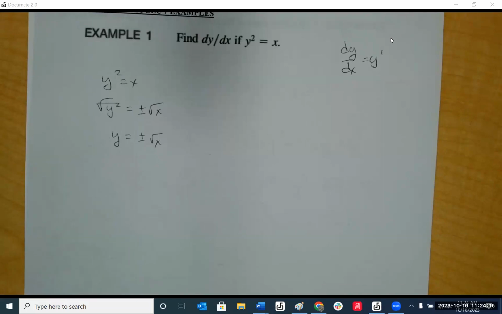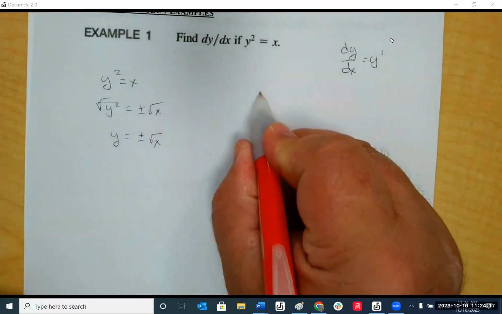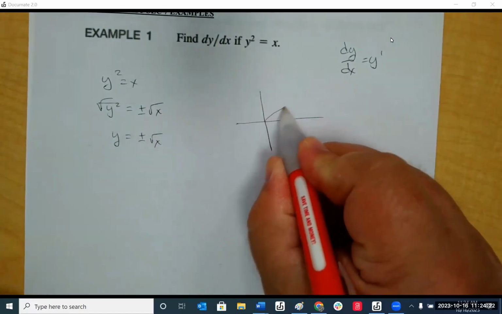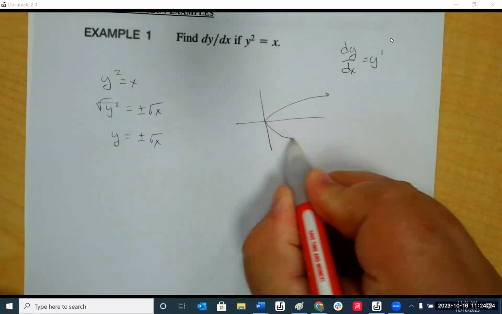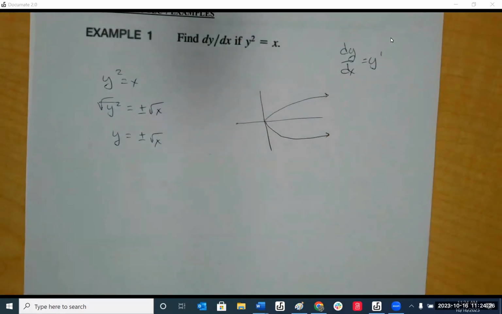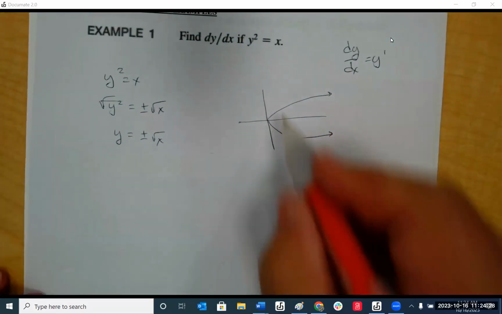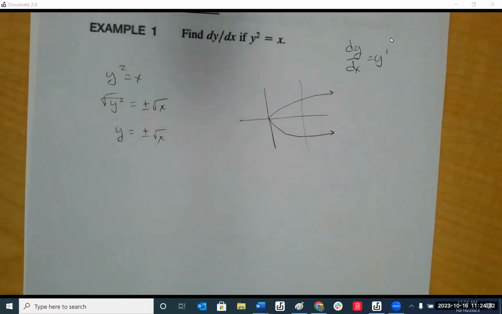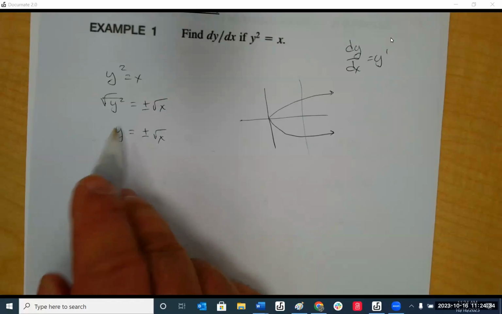The square root function looks like this. The negative of it is like this. So it's defining a parabola. It's not a function because it fails the vertical line test. So again, now we have a problem. How would we still take the derivative of this?